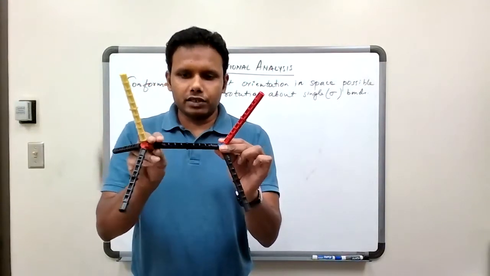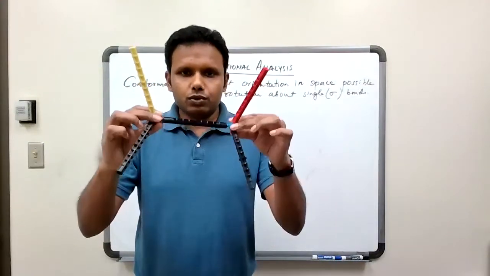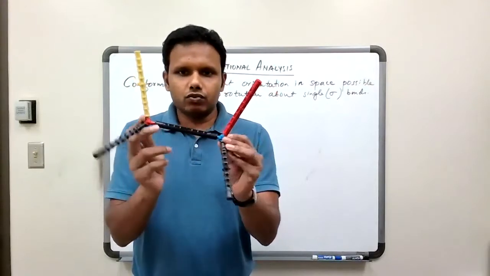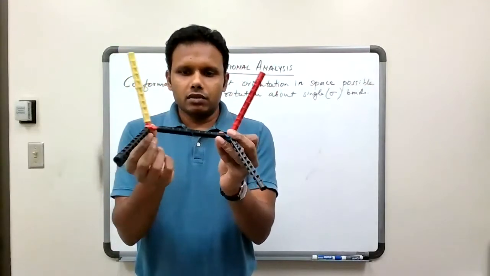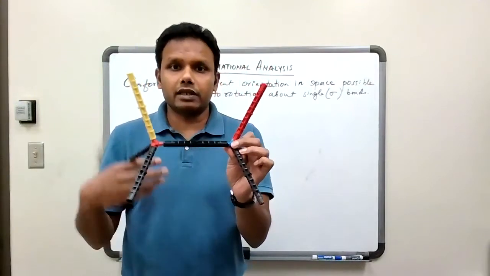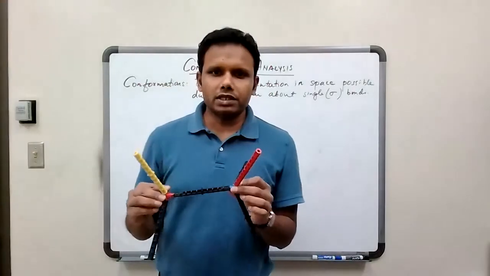That means the electron density in this bond is along the two nuclei. So if this is one nucleus, that's the other nucleus. The internuclear axis is along this sigma bond. That's where the electron density is. Why is that important?